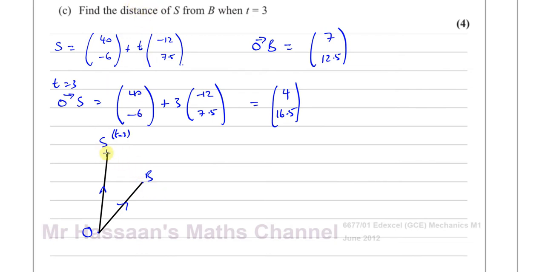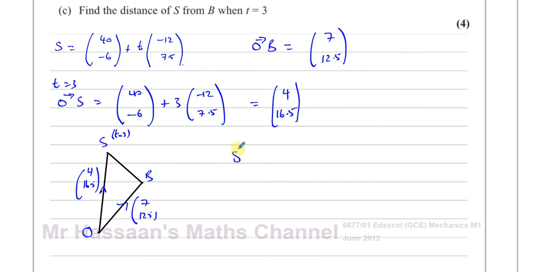If I find the vector from S to B, then I can find the distance. We know this vector O to B is 7, 12.5, and this vector is 4 and 16.5.